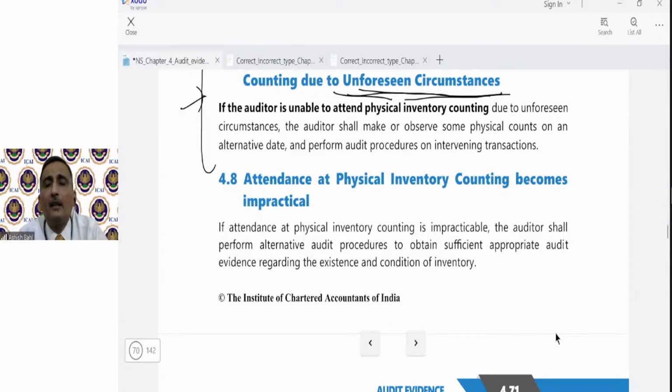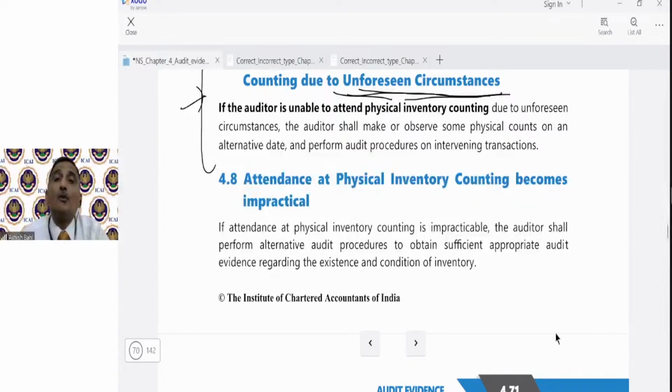So what would happen? Can the auditor skip? Is there no duty upon him to carry out any procedure? No, he has the duty. So only in the case when attendance at the inventory count becomes impracticable, the auditor can prove that it was not possible for him to go there.